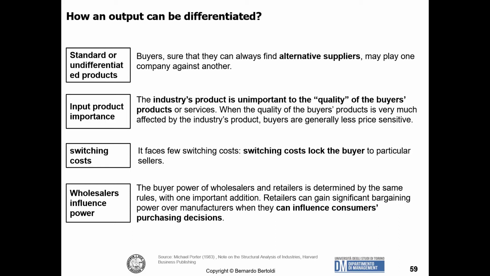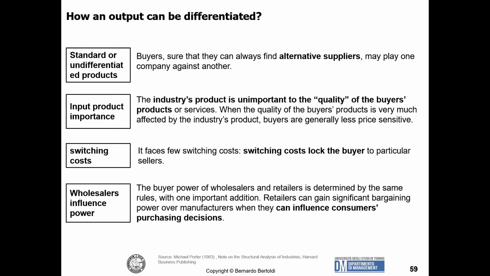Switching cost. Switching cost is the way in which, once you have the customer with you, you can create some cost in changing the supplier. So if I buy from you and I want to change and buy from another competitor, I will have to pay in terms of cost because I have to change something, or I will have to relearn how to work with your product or with the competitor's product, or I will have to spend time doing things and so on.